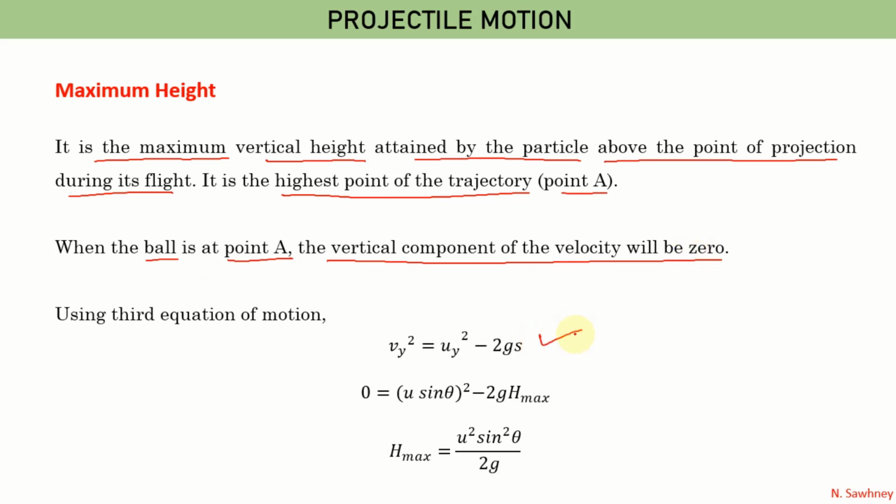Using the third equation of motion, we can calculate the maximum height, that is 0 equals (u sin theta) square minus 2g into maximum height, as the velocity at maximum height is 0. Rearranging the terms, we will get u square sin square theta by 2g.